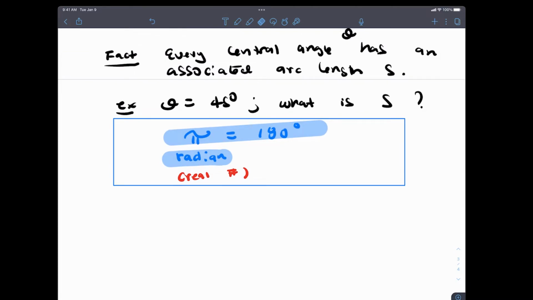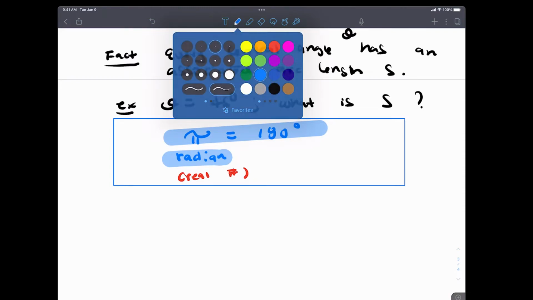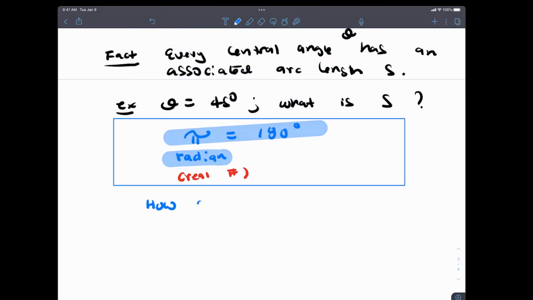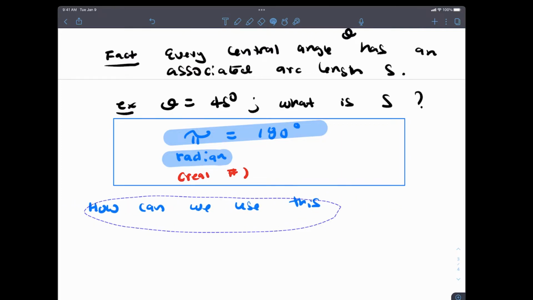Now, you might say to me, how do we use this relationship? Well, it's very simple.